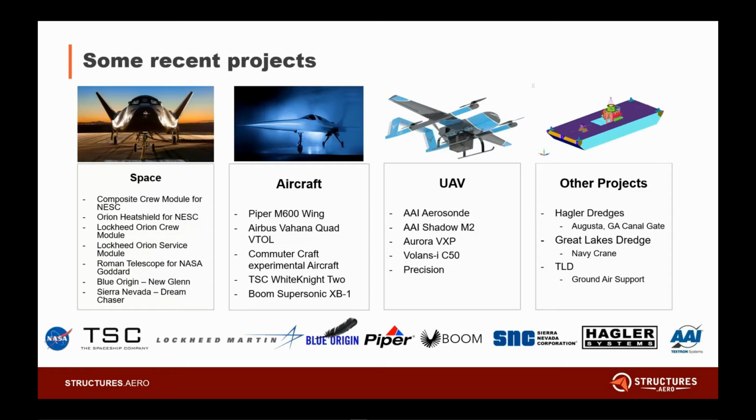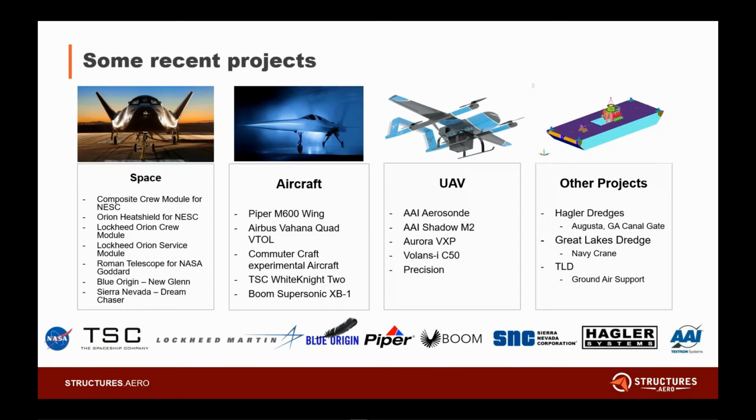Some recent projects where we've provided engineering support are mainly in the space, aircraft, and UAV industries. Currently, we're working with Sierra Nevada on the Dream Chaser, Blue Origin on New Glenn. We have a couple engineers working on the Roman telescope for NASA Goddard, which, if you're not familiar with that, I think it was just renamed.